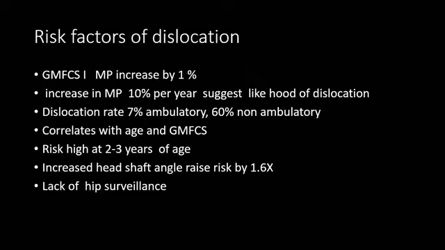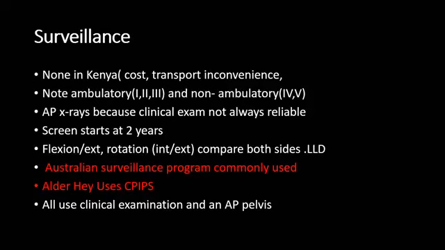When you see an increased head shaft angle, of course, it increases the risk by 1.6%, because if the neck is more in valgus, then it's likely to dislocate. Lack of hip surveillance should also be taken as a risk factor, because if you pick up this pathology early, you'll be able to prevent hip dislocation.